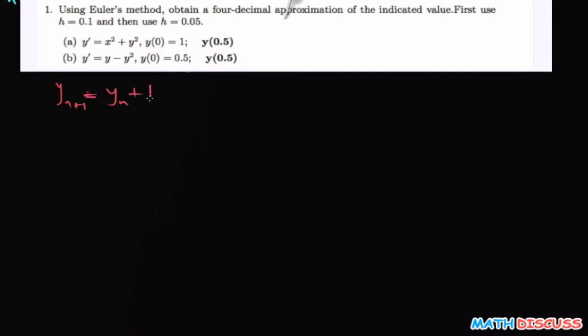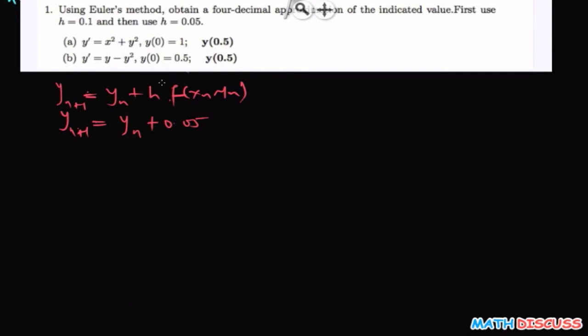yn plus h f of x and yn. So this is what we have, and our h now is 0.05, so this becomes yn plus 1 equals yn plus 0.05 into f of x and yn.